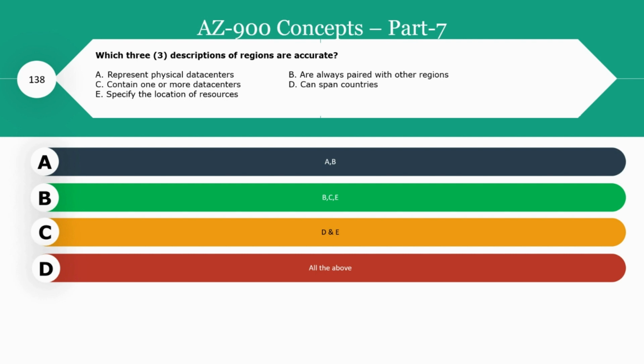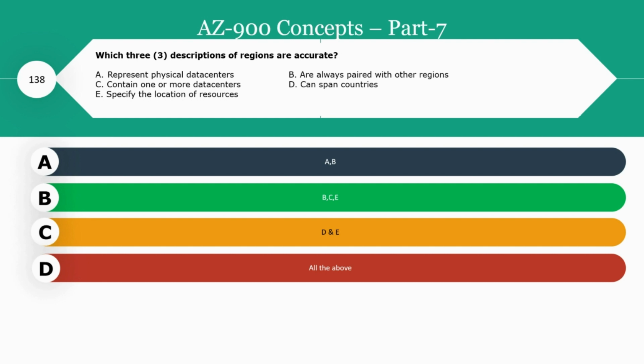Next question, which three descriptions of region are accurate? Option A, it represents a physical data center. Option B, they are always paired with another region. Option C, contain one or more data centers. Option D, can span across countries. Option E, specify the location of the resources.